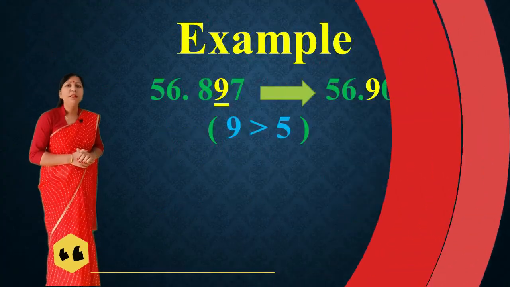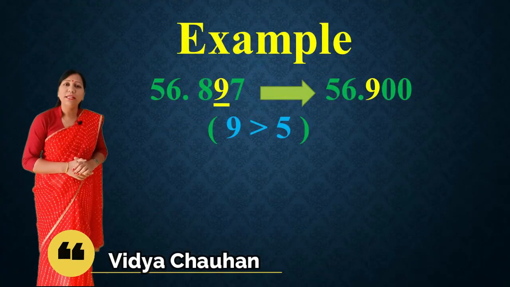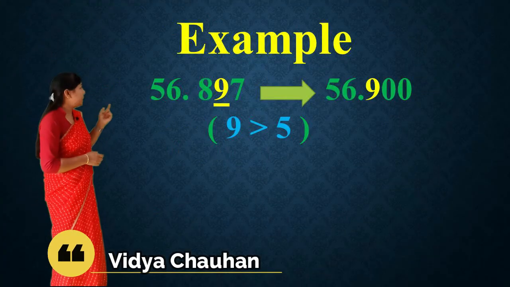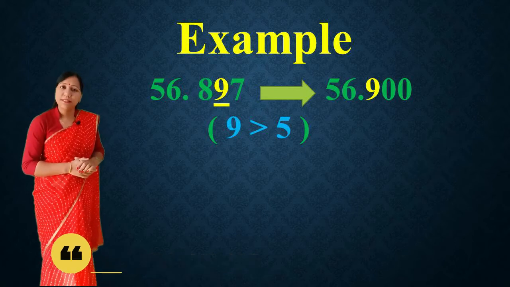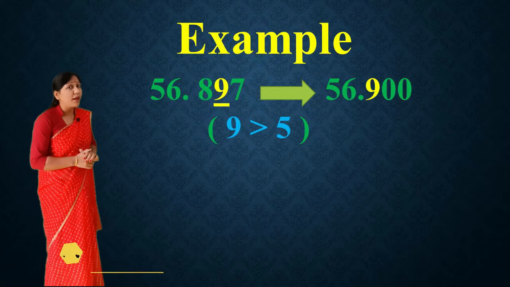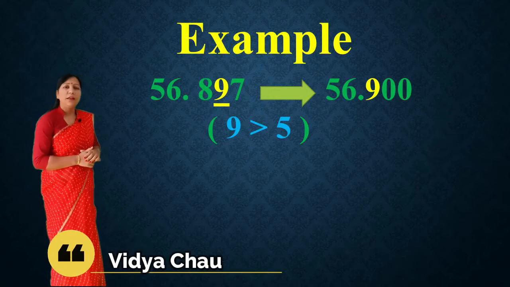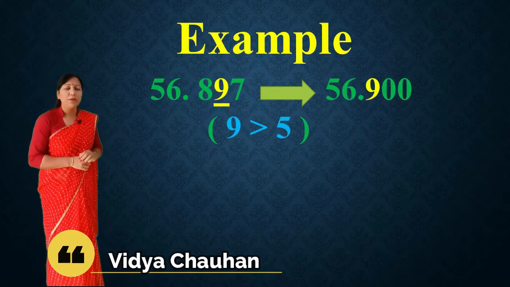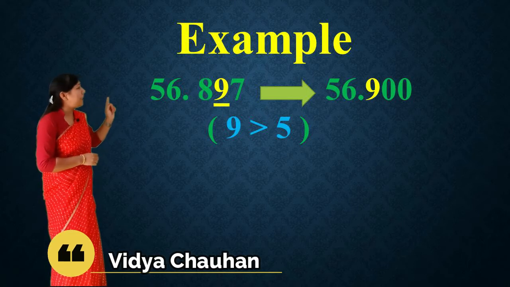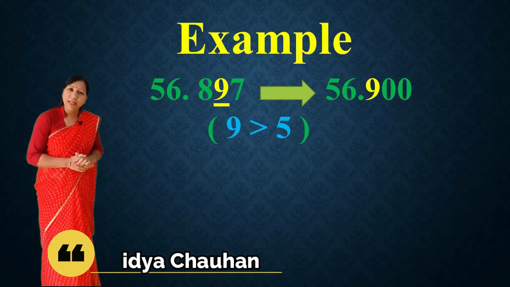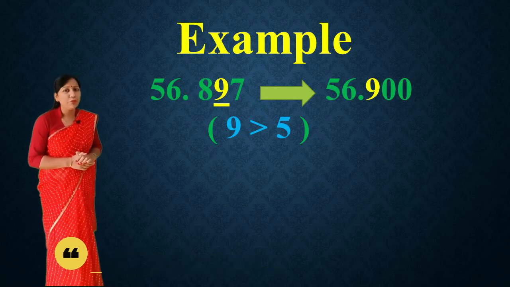For example, the number I have taken is 56.897. What is the digit at the 100th place in this number? The 100th place digit is 9. And you all know that 9 is greater than 5. So what do we have to do?